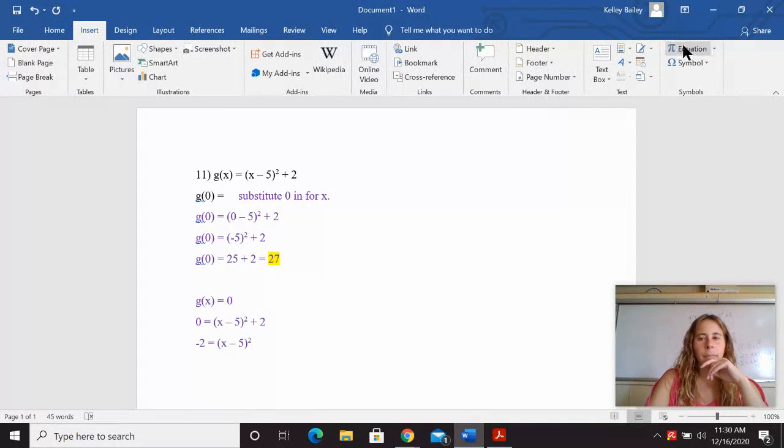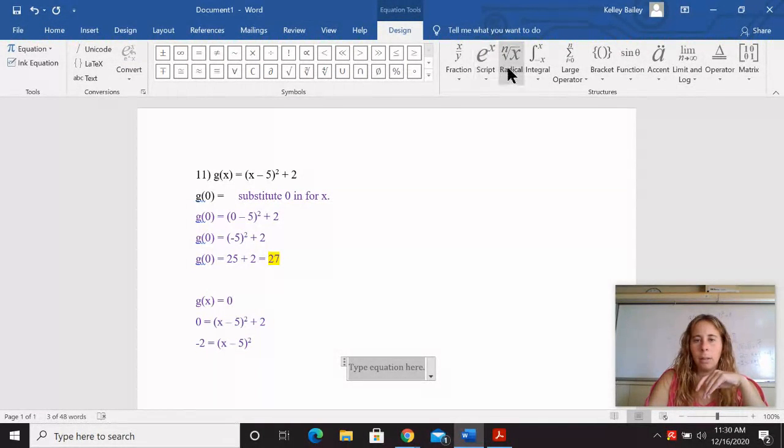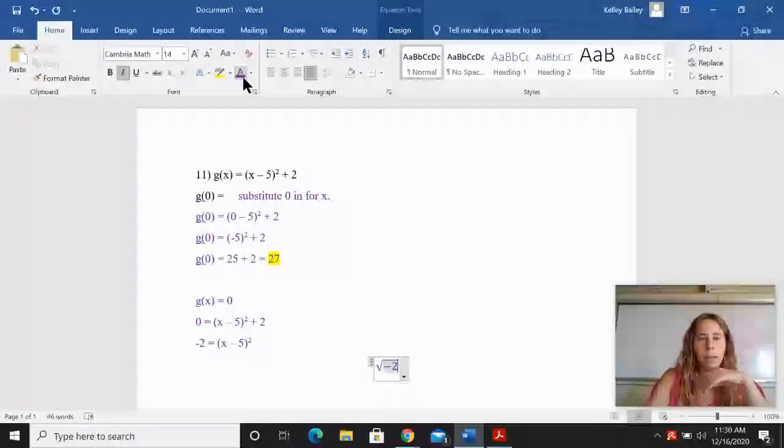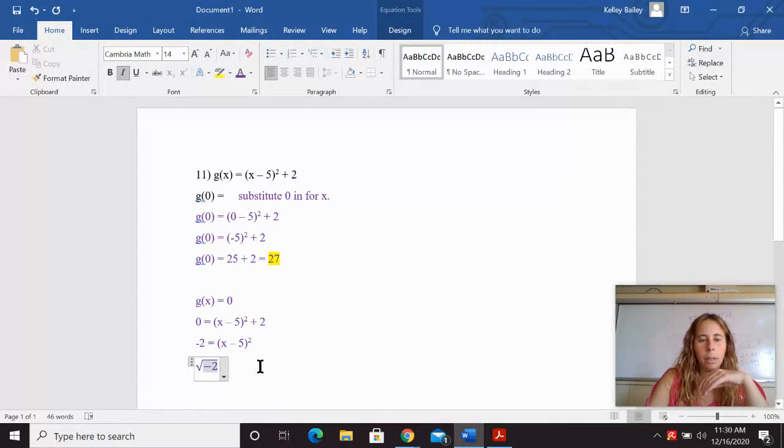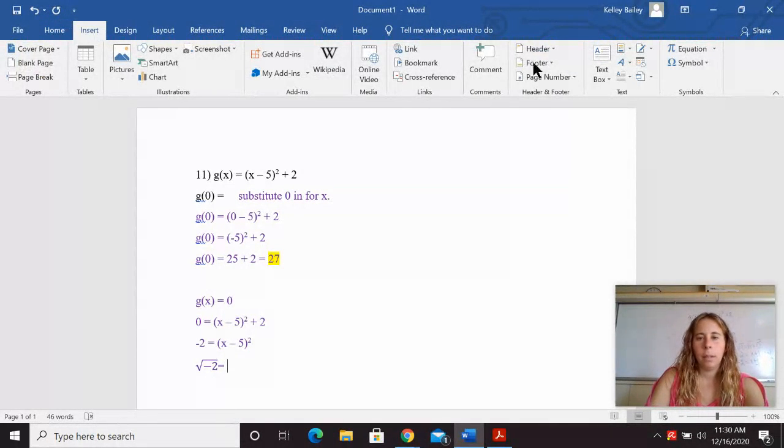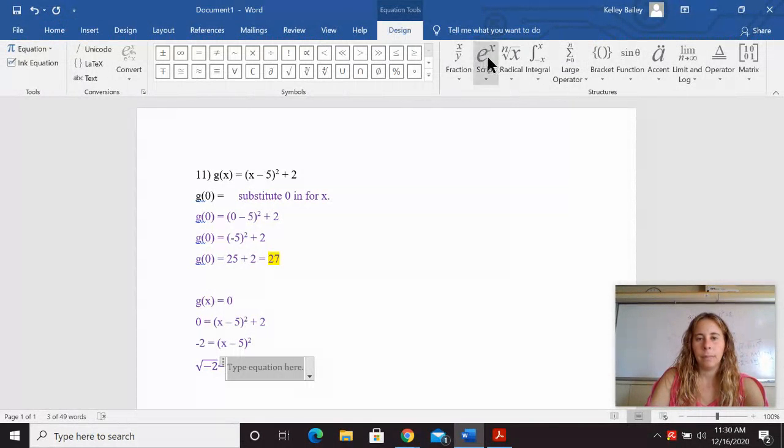There we go. Square root, negative 2, equals x minus 5.